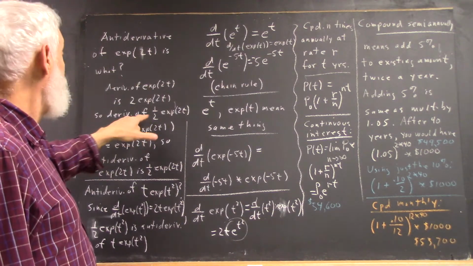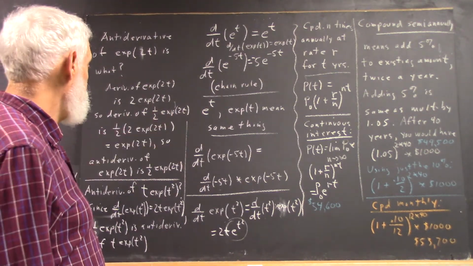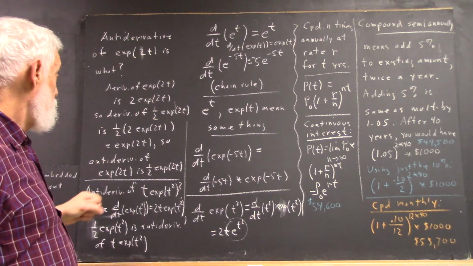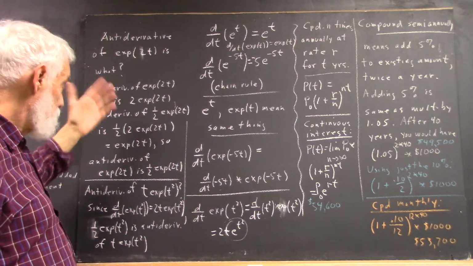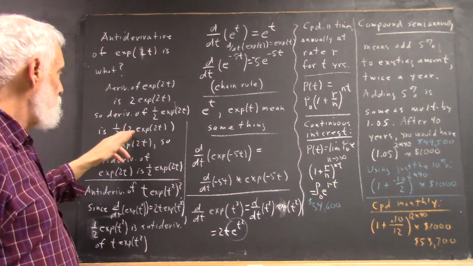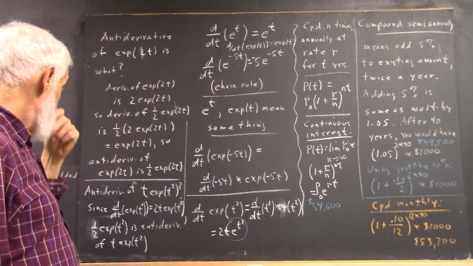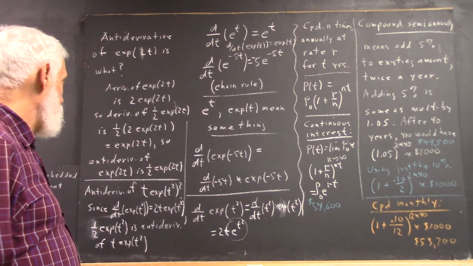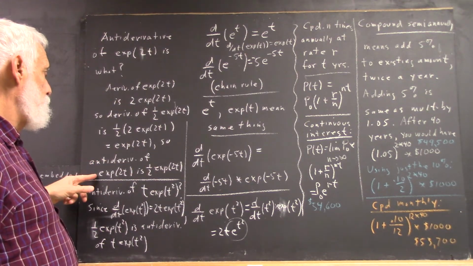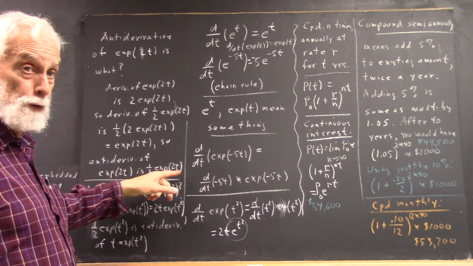So the derivative of half exp of 2t, just to check it out, is 1/2 of 2 exp of 2t, because the derivative of exp of 2t is 2 exp of 2t. And half of 2 is 1, so that's exp of 2t. The antiderivative of exp of 2t then is 1/2 exp of 2t.